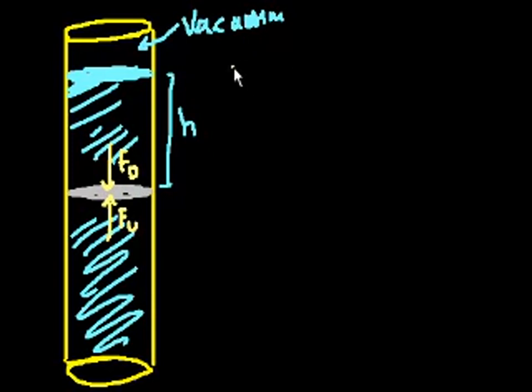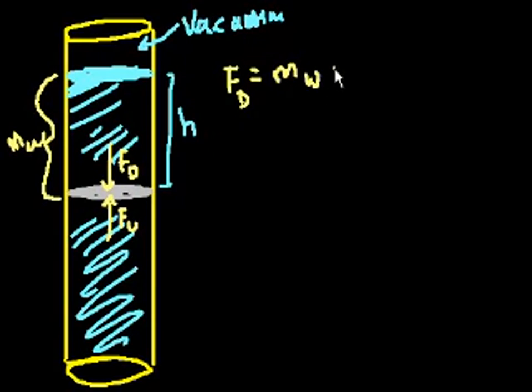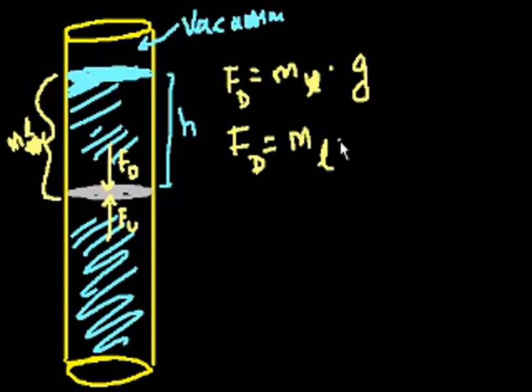So the force down, which is the same thing as the force up, is going to equal the mass of this liquid times the gravitational constant. Actually, I shouldn't say water, since I said this is some random liquid. So the force down is equal to the mass of the liquid times gravity.